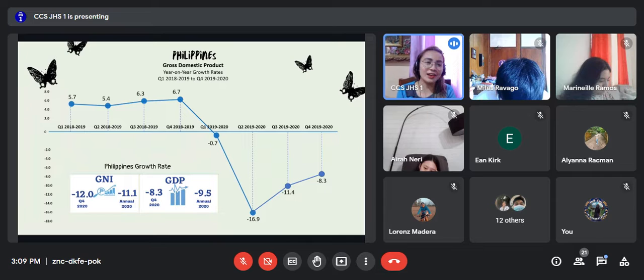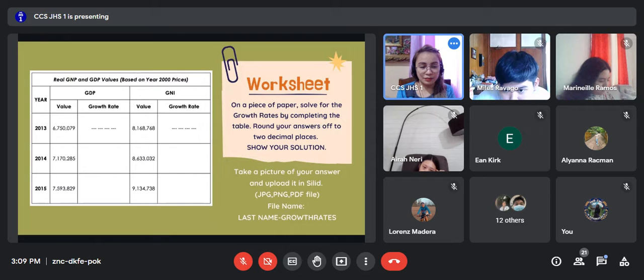Okay. So now, since you are already done with the discussion on growth rates, we will proceed with the worksheet. Here. Okay, so this will be the worksheet and you will do this one for the entire period.